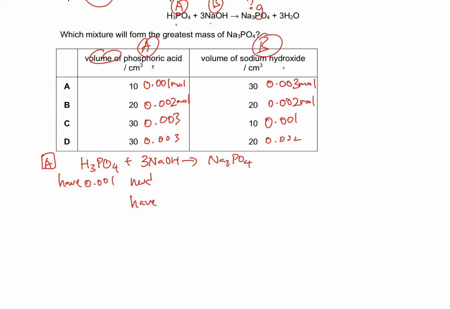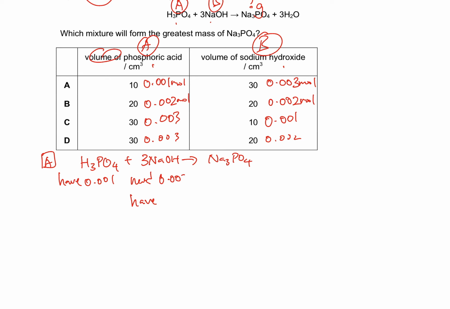If I have 0.001 moles, I will need 0.003 moles because the ratio is 1:3. However, I have 0.003. So I realize that I have exactly enough. So I will use this and I do the mole ratio and I know that I will form 0.001 mole. So for option A, I will form 0.001 mole.